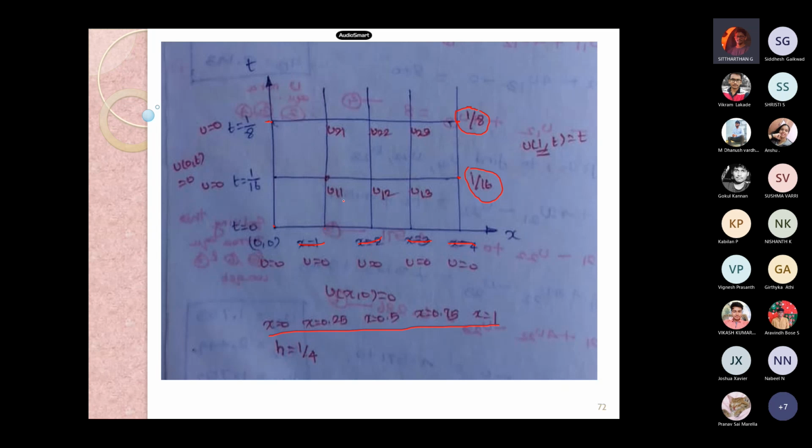Usually we took U1, U2, U3, but here I have detailed it as U11, 1, 2, and 3. As per your wish, you can take. Okay, sir. But you're asking about X, right? Like UXY, we have to name it like U of x comma y. Yes, yes. So it will be U11 and U21 and U31.